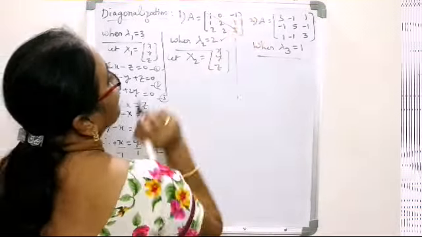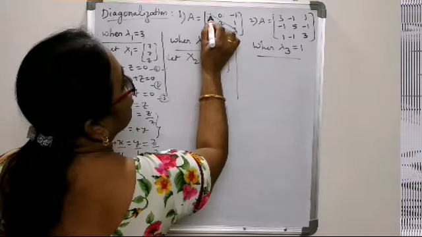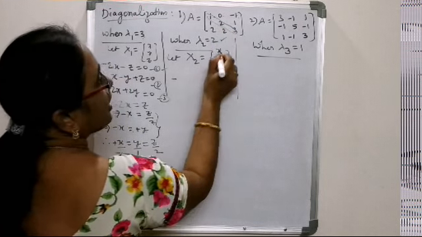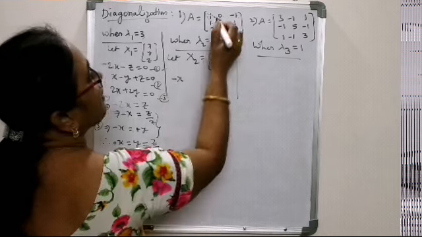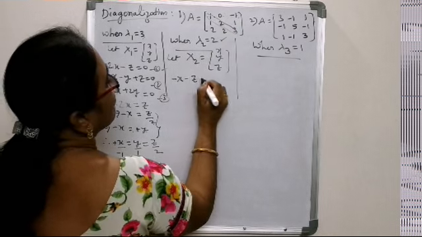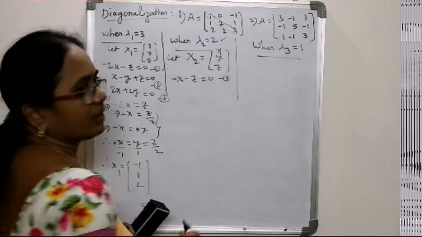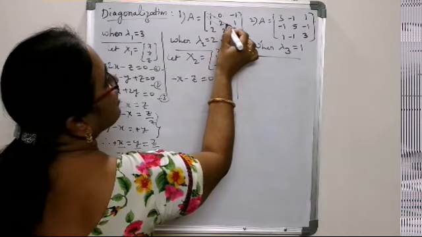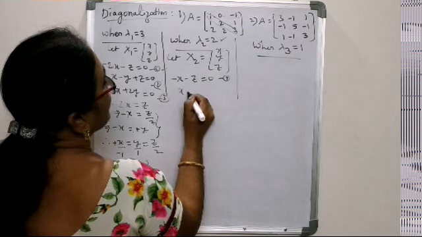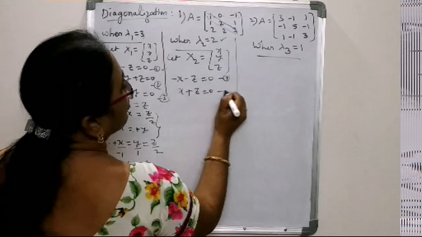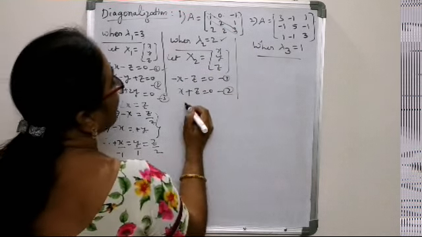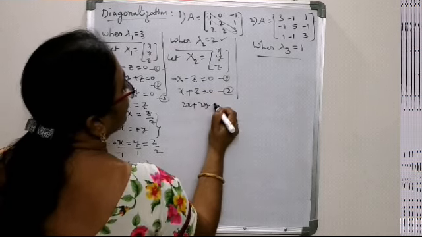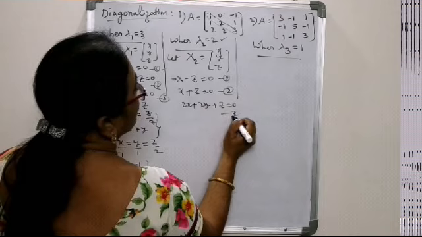From the first row, 1 minus 2 gives us minus 1 into x, so minus x plus 0y minus z equal to 0, equation 1. From the second row, similarly, it is 1, 2 minus 2, 1, so x plus z equal to 0. From the third row we have 2x plus 2y plus 3 minus 2, it is 1z equal to 0.